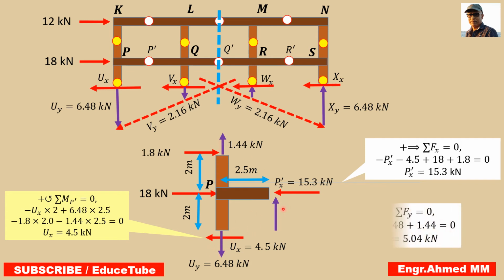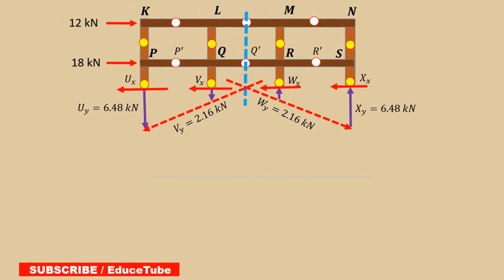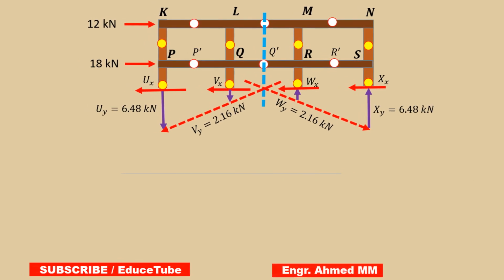So easily putting summation of vertical force equal to 0, I get 5.04. So we are done for the P segment. Let's move to the Q segments.